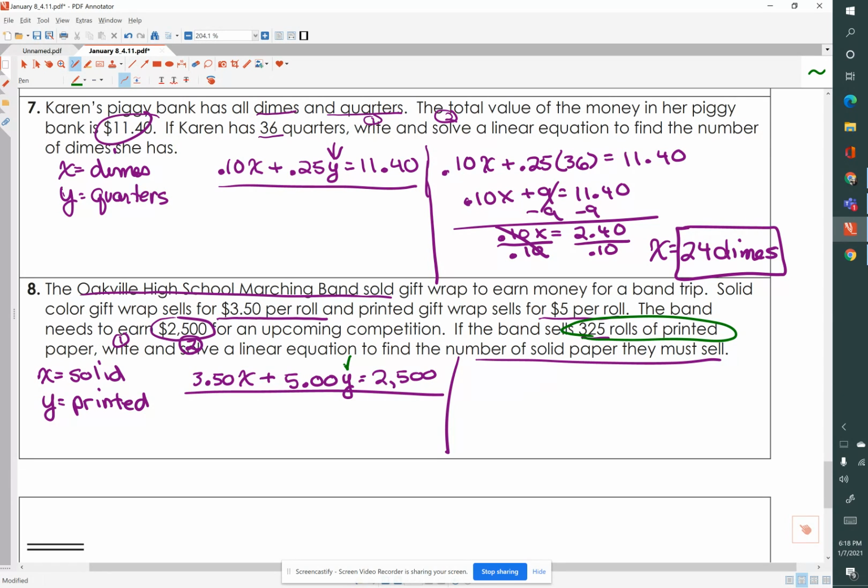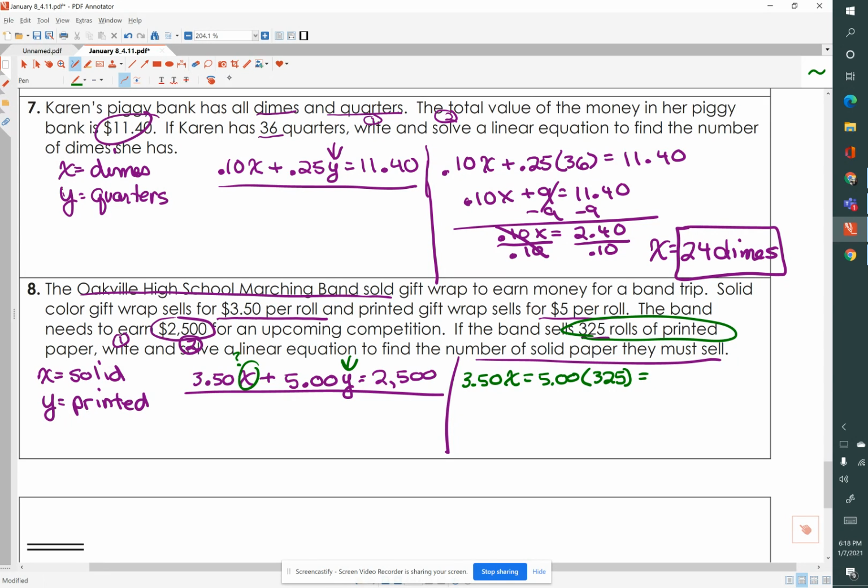So that's our y. We're going to solve for x. We don't know what x is. So 3.50x equals 5.00, our y they gave to us in the problem, 325 rolls.